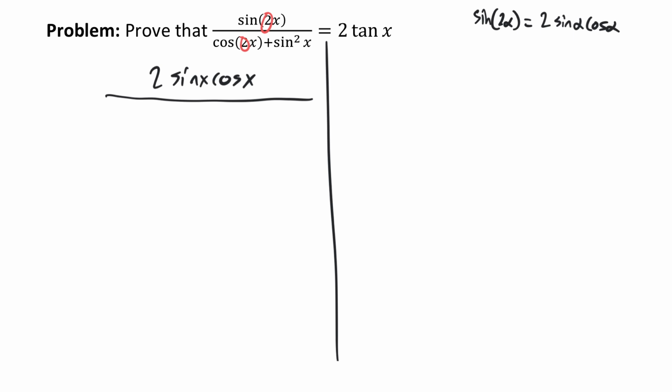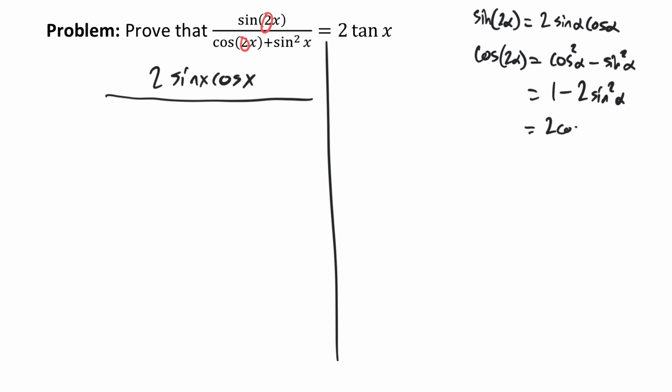And if you look at the formula sheet, there's actually 3 options for cos of 2 alpha. Well, let's take a look. Cos squared alpha minus sine squared alpha. 1 minus 2 sine squared alpha.